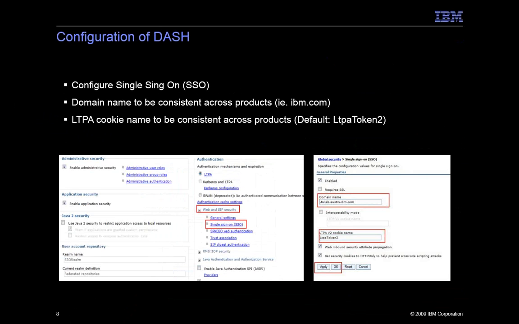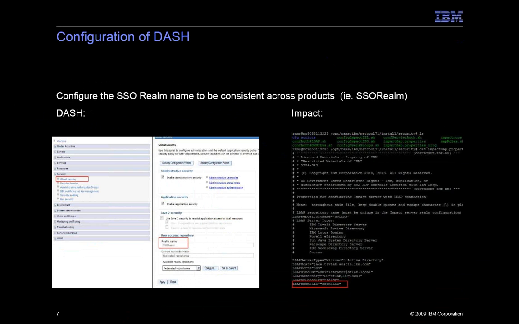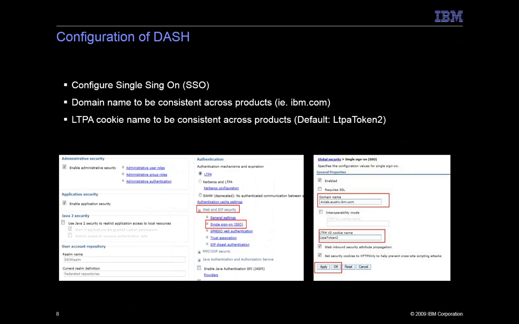If it's not, you need to modify one of them to match the other one. My advice is, again, Dash. It's much easier to do it there. If you want to do it on Impact, let me go through the steps. What you need to do is change this file right here, disable your LDAP configuration, and then re-enable it again. So it's a little bit longer on the Impact side to change that.